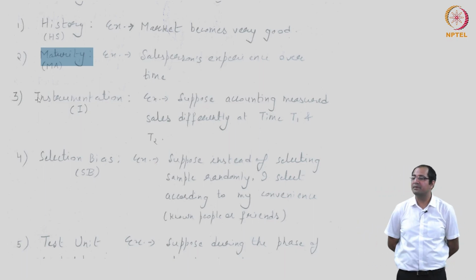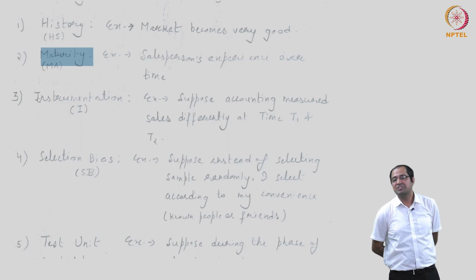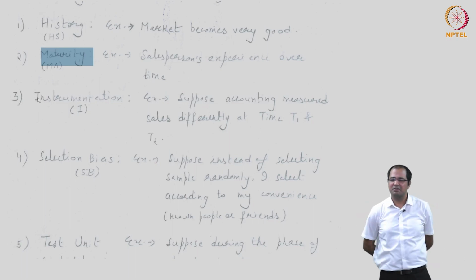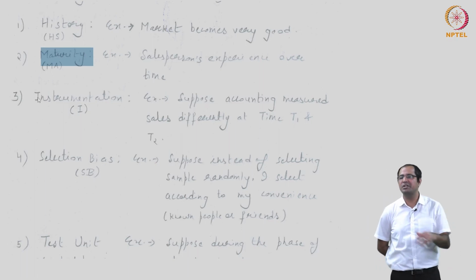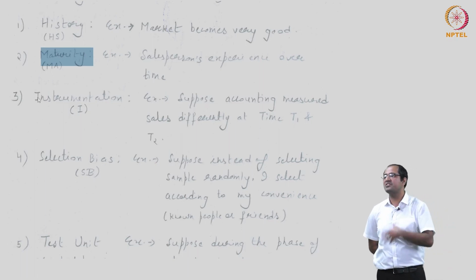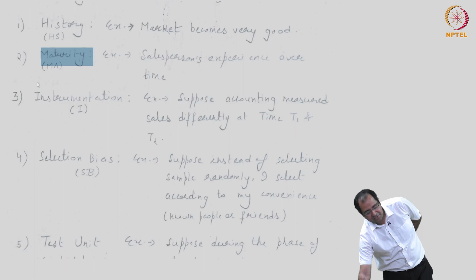That should not happen. It could also happen because of change in prices. Change in prices could actually come under history, not necessarily instrumentation. Instrumentation happens when the unit by which you measure Y changes from what you measured before the intervention.